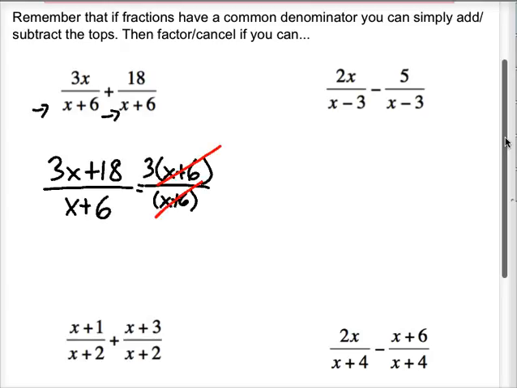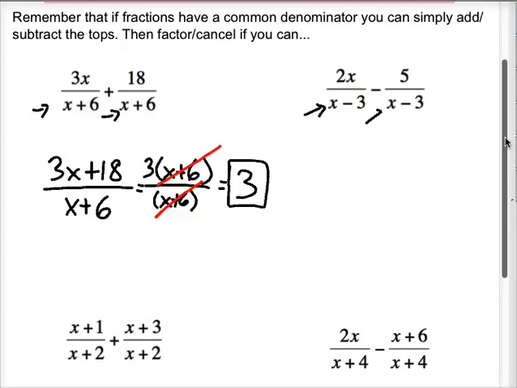So you can cross that off and actually just get an answer of 3. So that's another thing is once you do the addition or subtraction, sometimes, just sometimes, you'll be able to factor and cancel. Now, more often than not, you won't be able to, but I do just want you to be aware and I want you watching for the cases for when you can, when it is appropriate to factor and cancel.